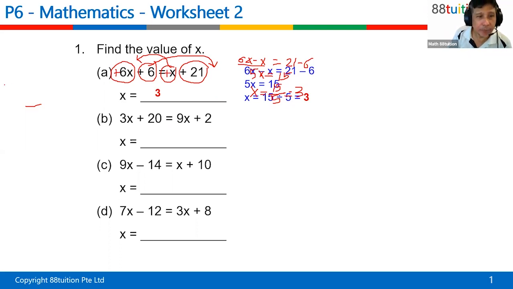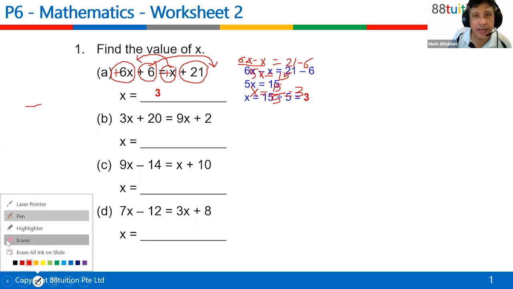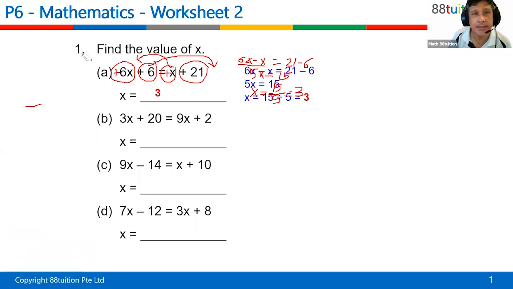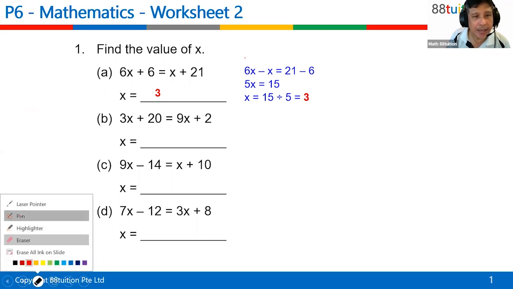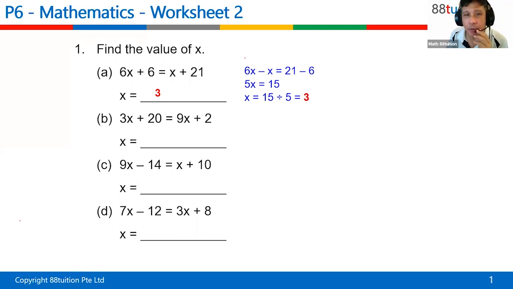If we are able to understand this, let me clean away my handwriting so that we can see. With that, I think we can try B and see how we are able to do it. Tommy, you have no problem with this, right?